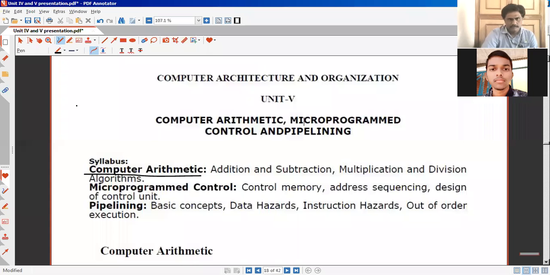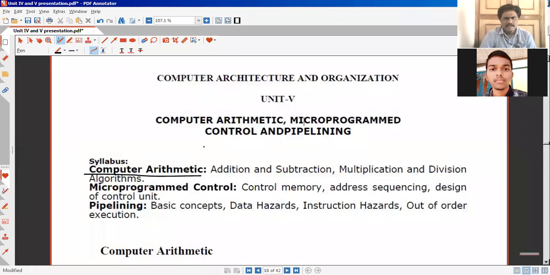In computer arithmetic, we'll be seeing how to write algorithms for addition, subtraction, multiplication, division, and how to implement them by hardware. So Unit 5, first part, computer arithmetic. There we will be writing algorithms for addition, subtraction, multiplication, division, and hardware implementation.